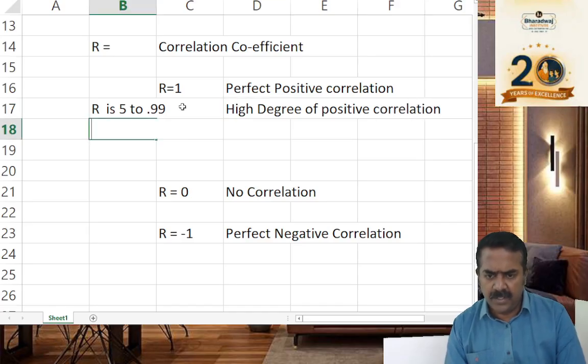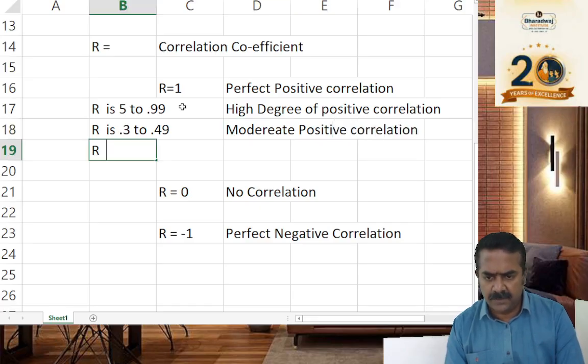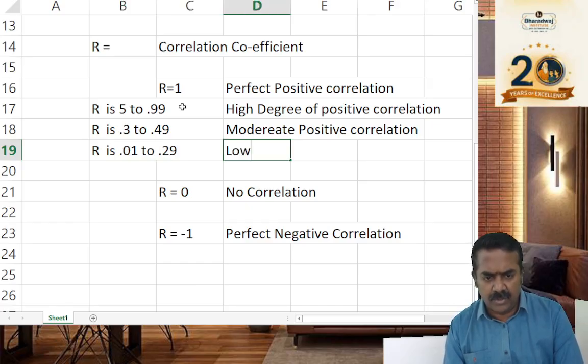And if R is between 0.3 to 0.49, we say moderate positive correlation. This is tested in the exam. And if R is above 0, or 0.01 to 0.29, we say low degree of positive correlation.